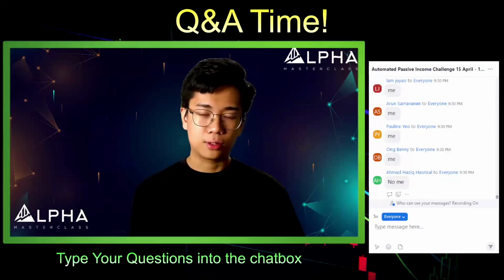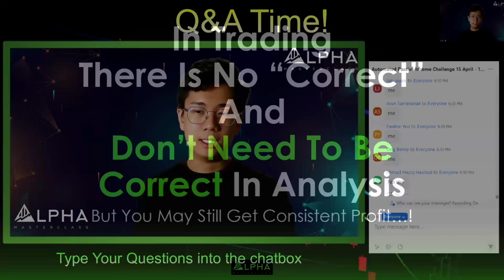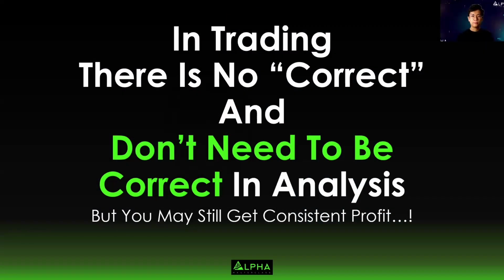The good news is, in trading, you do not need to be correct in order to be profitable. How many of you have experienced this before? You have done a lot of analysis, and in the end you predict that the market should go for a buy. You study, okay, should buy right now. But you made a mistake.